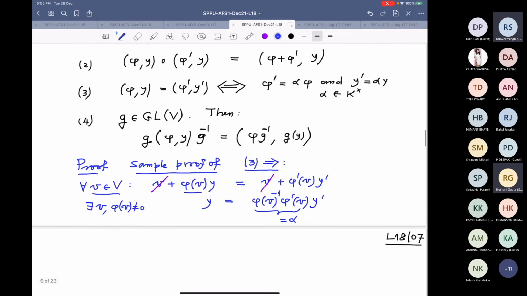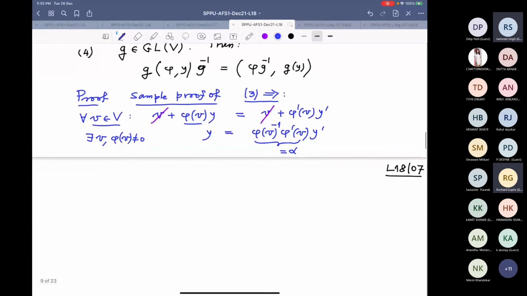Now I want to prove that this phi prime is a scalar multiple of phi. All right, so what do I do?